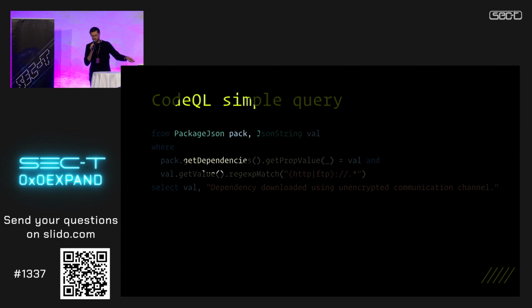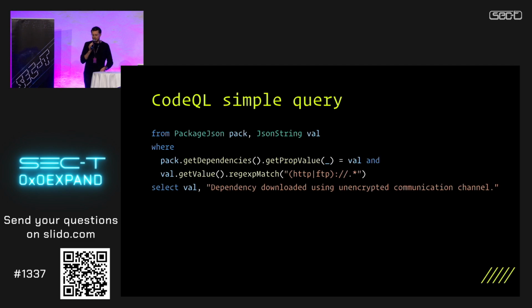For example, here we define the variable pack of PackageJson type. It means pack will contain the set of all package.json files from the project that you analyze.